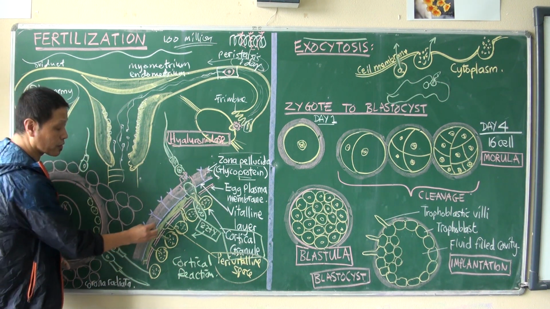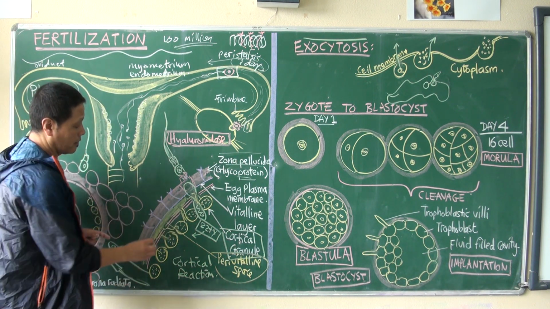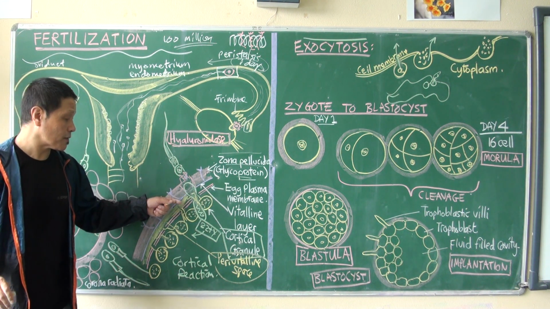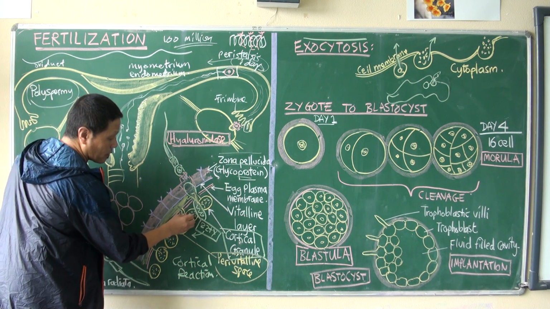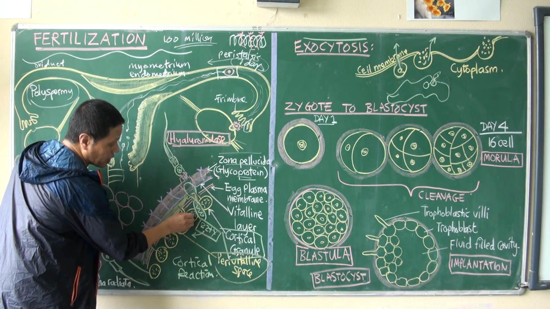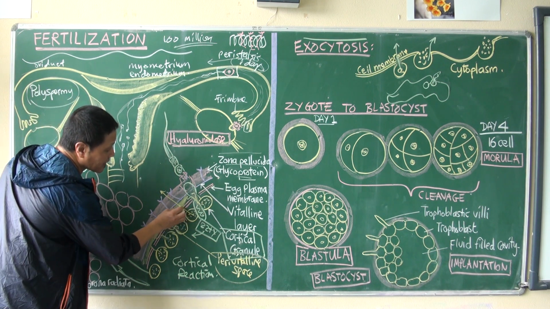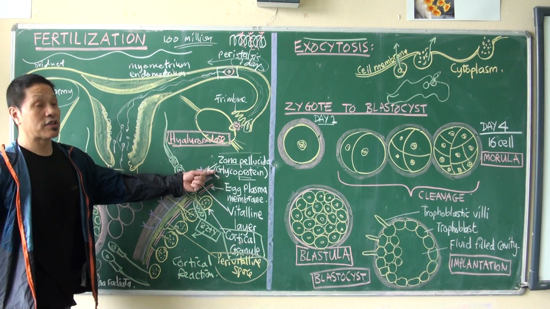Since it's granules, it's hard in structure, and it prevents the further entry of sperm cells. And it also contains enzymes. These cortical granules also contain enzymes which are released. These enzymes change the structure of the zona pellucida.